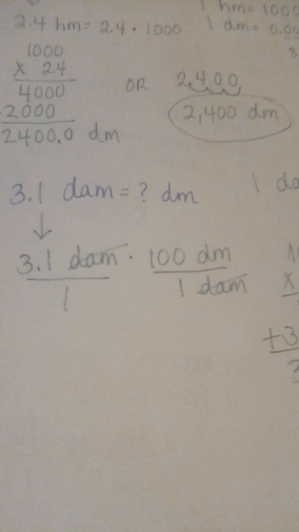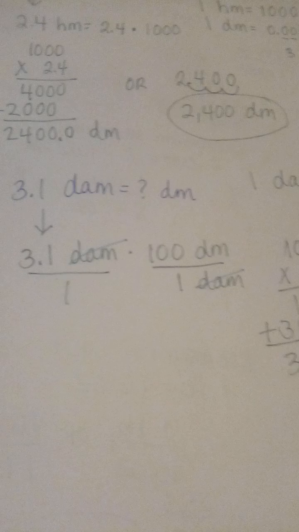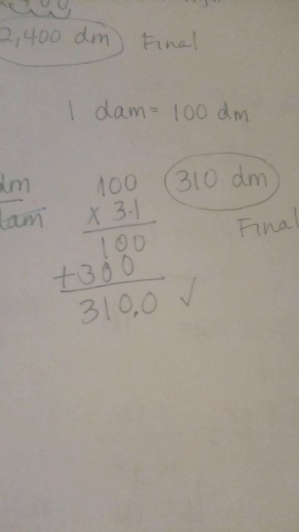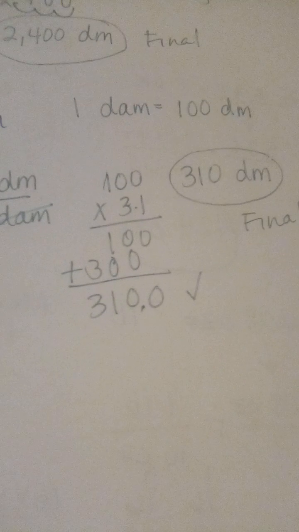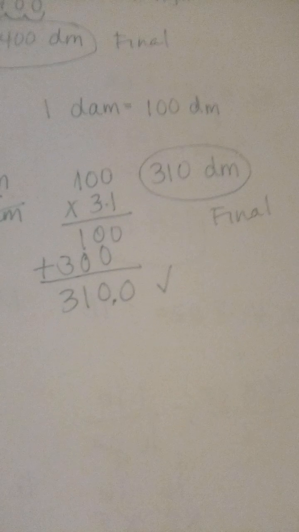We cross out the decameters, so we have 3.1 times 100 decimeters, as you can see on the right side, and we have the basic math and placing the decimal point after the first 0, and that's our final answer. So, any questions on number 7A?